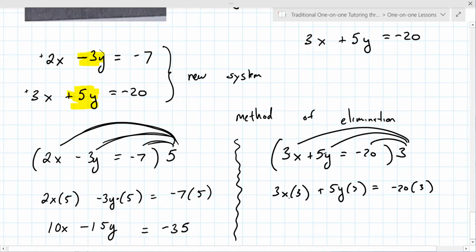What is 3x times 3? 9x. 5y times 3? 15y. Good. And minus 20 times 3?